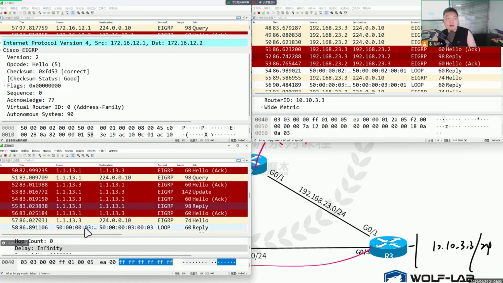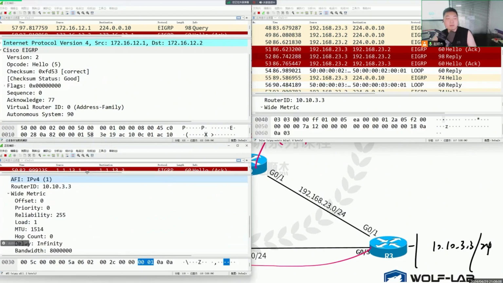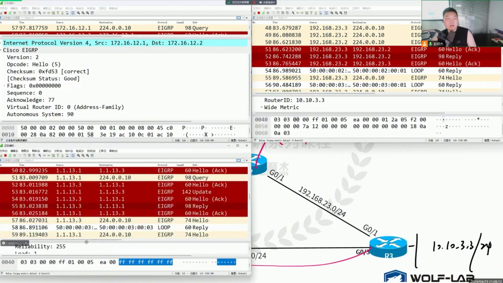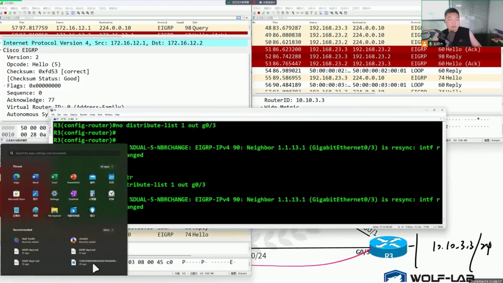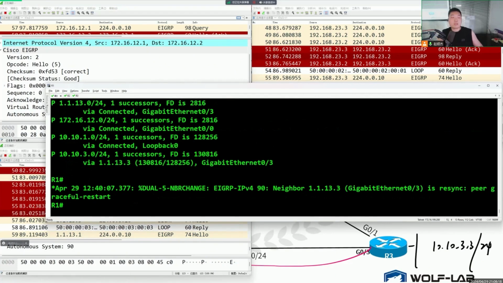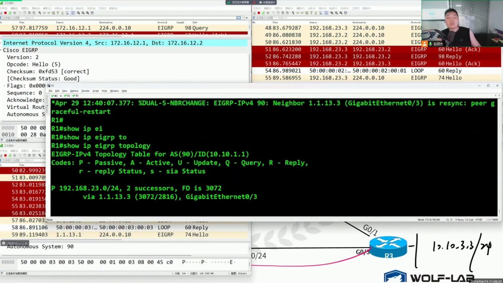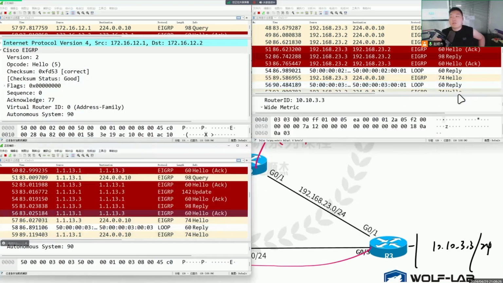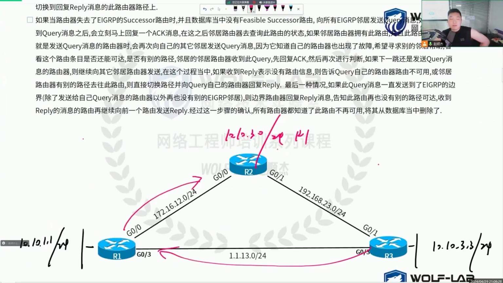For R1, the delay is infinity. After replying with ACK, we truly remove the EIGRP database entry from our database. After such a query mechanism, we successfully resolved one unanswerable route entry for R2.